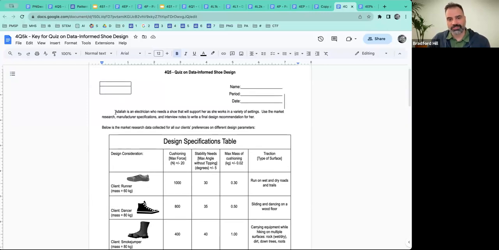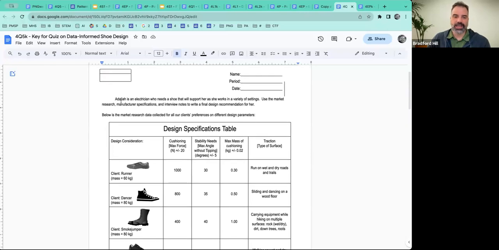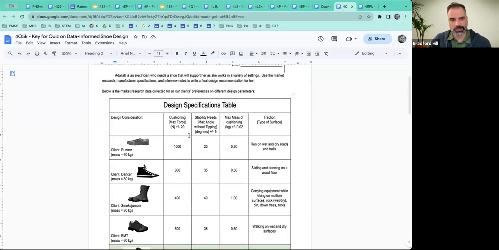One of the final assessments is an engineering portfolio, but the final quiz is around making a data-informed shoe design. And there is someone you see in the first quiz, an electrician, and we actually return to her at the end on the final quiz as well.